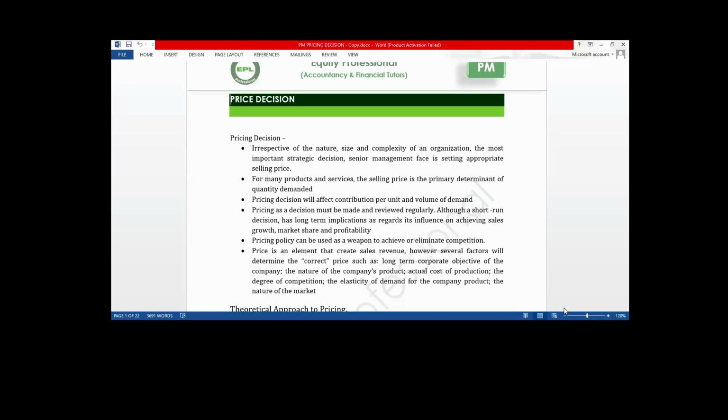We have explained that pricing is a very sensitive decision. The price of a product will have impact on the quantity demanded. The pricing decision will affect contribution and volume of demand.